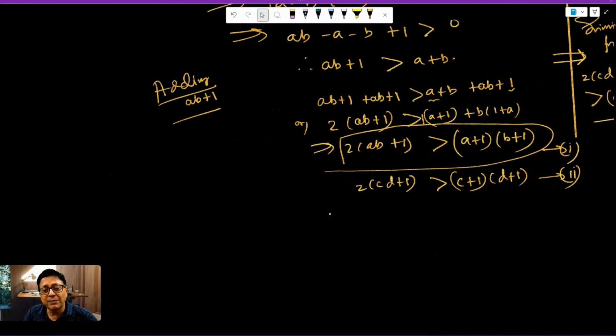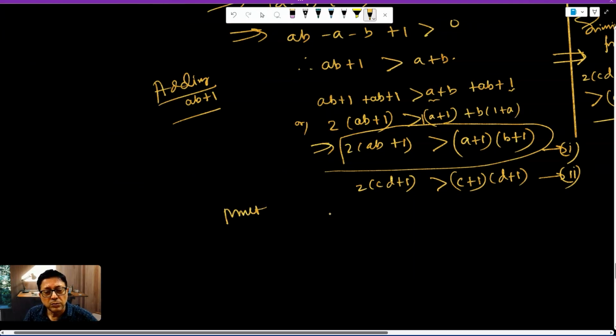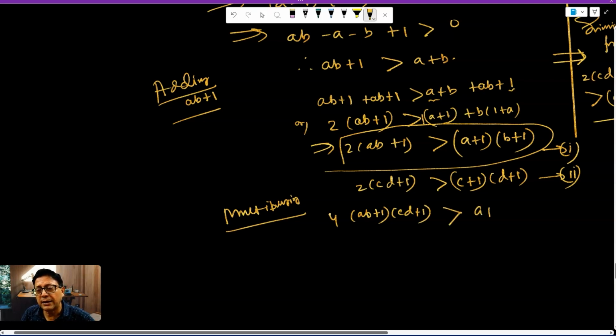So multiplying 1 by 2, we get is greater than A plus 1, B plus 1, C plus 1 and D plus 1. Have I got it?